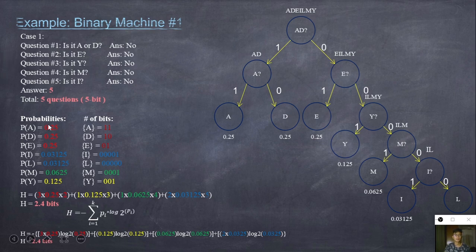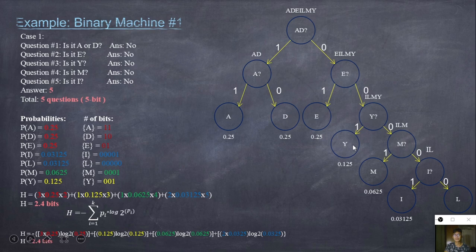For its probabilities, A is represented as 0.25. Some knowledge of the binary machine: for the first level, it has a probability of 0.5. For the second level, we divide 0.5 by 2, so it results in 0.25.